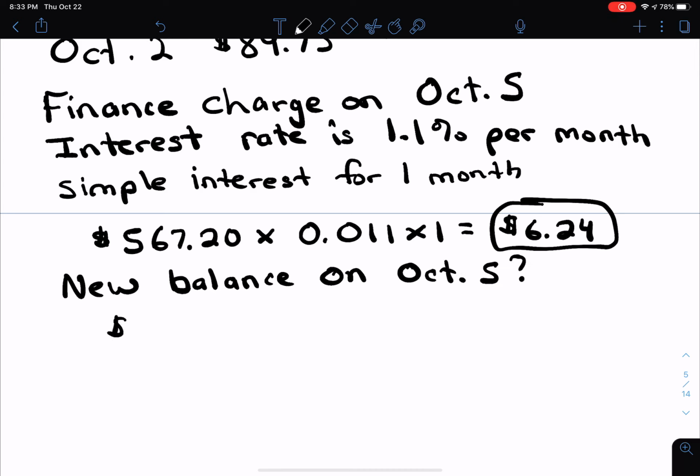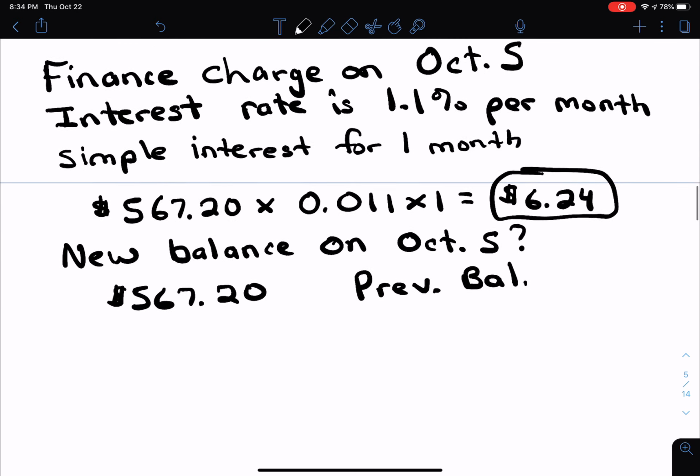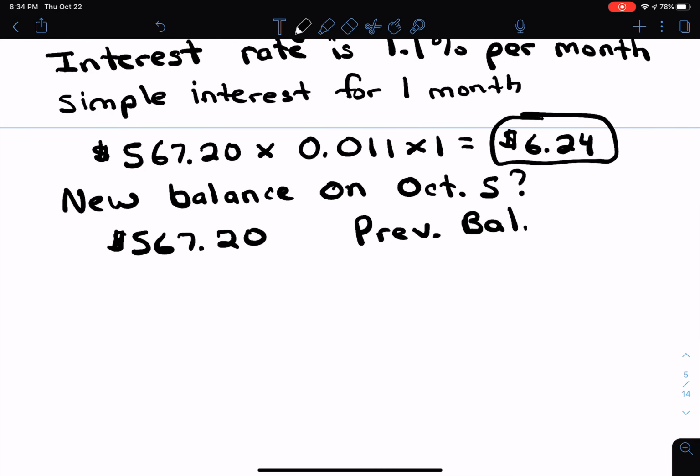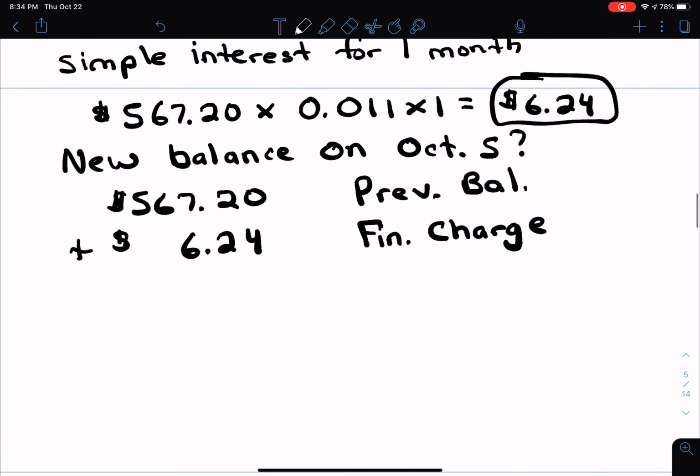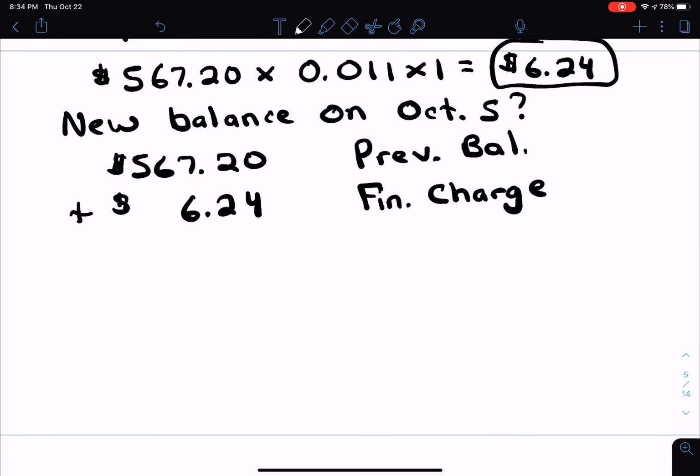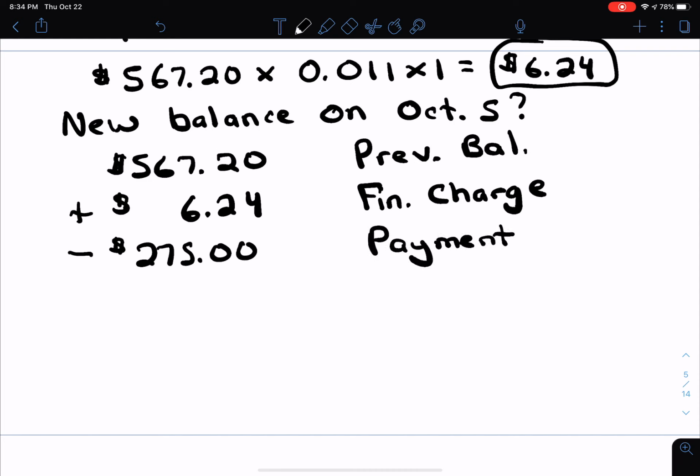Well, the $567.20 was the previous balance. And you add in the finance charge, because that's now part of the total owed. And then you make all your adjustments based on what happened that month. You subtract the $275 payment. I listed all these things earlier. Because on a credit card balance, you subtract payments and add in charges.